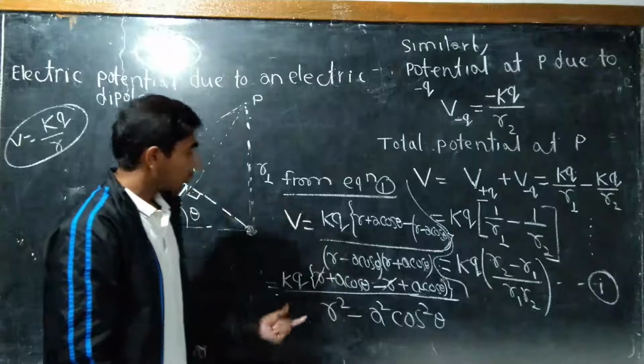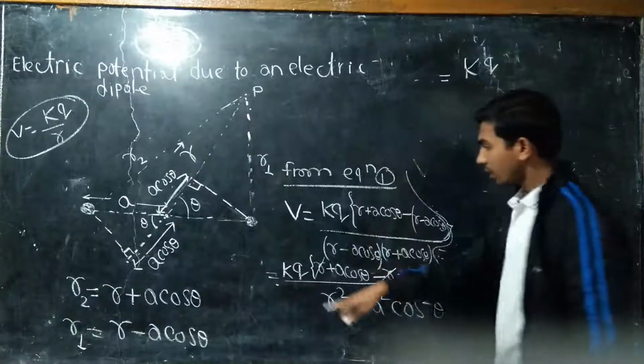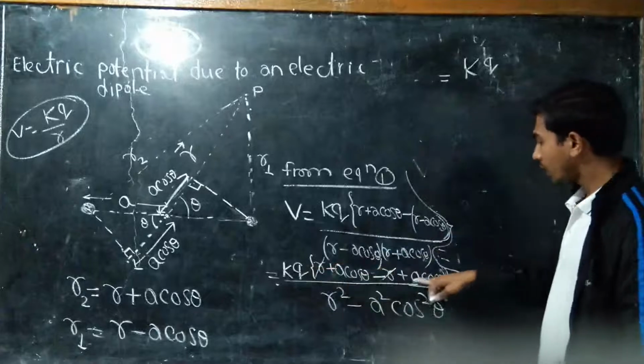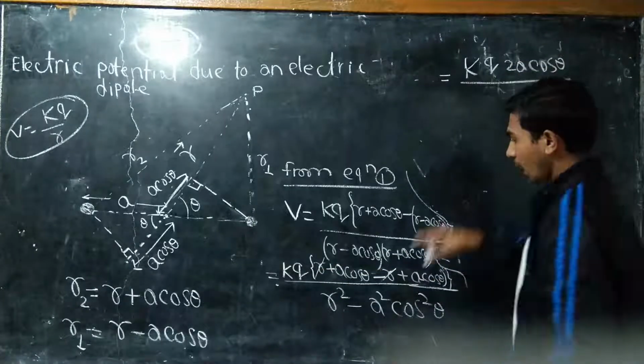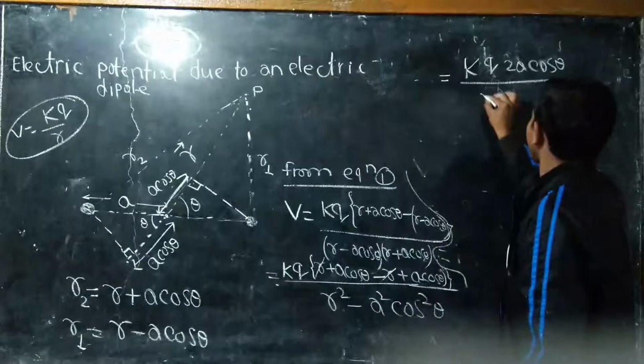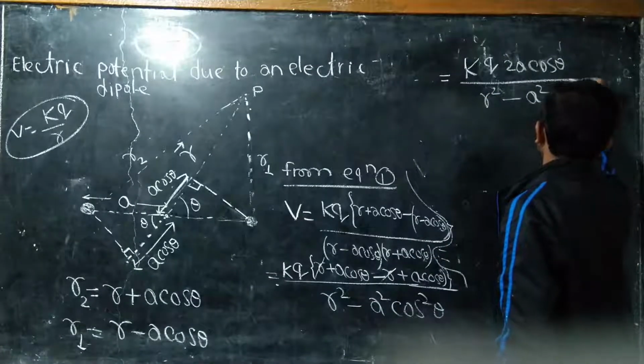So V is equal to KQ 2A cos theta over R square minus A square cos square theta.